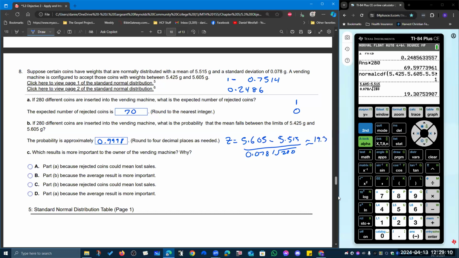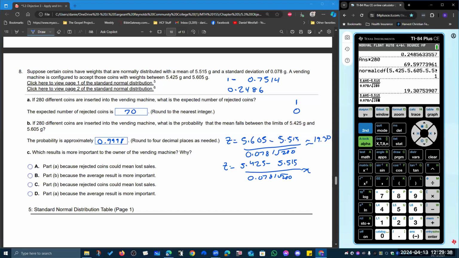And then we might need that to 2 decimal places. And then the other one is going to be 5.425 minus 5.515 over 0.078 divided by the square root of 280. And I'm going to just change that one number up there.